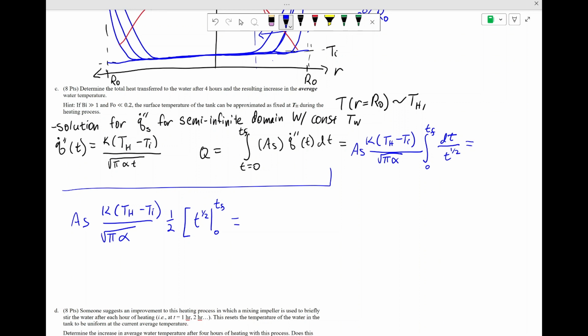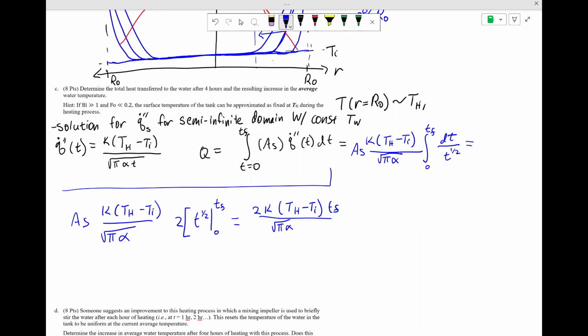So we can plug that in. I'm sorry, there's a factor of 2 like this. Okay, so we plug that in, and we get 2k(TH minus TI) times the square root of the time of this process over the square root of pi times alpha.